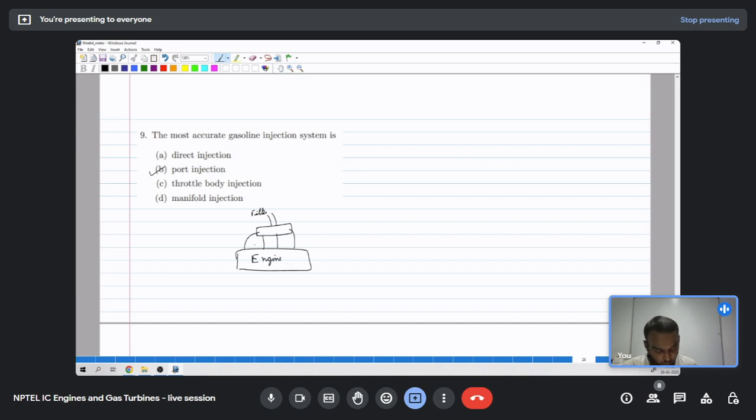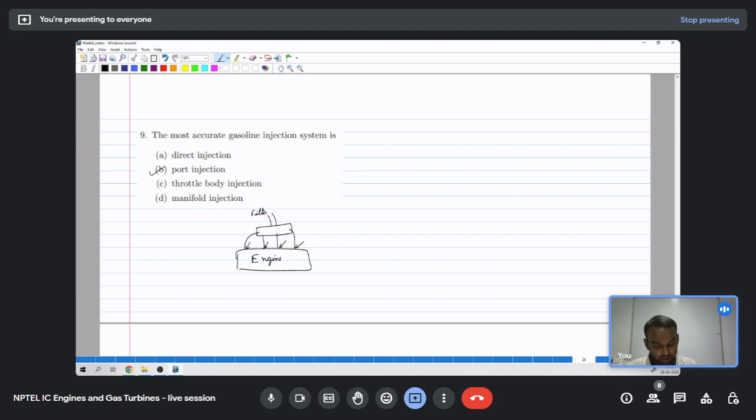In case of port injection, each injector is placed at the port of the engine, so it can inject the fuel, and in the next cycle the engine sucks in the fuel and uses it for the combustion.